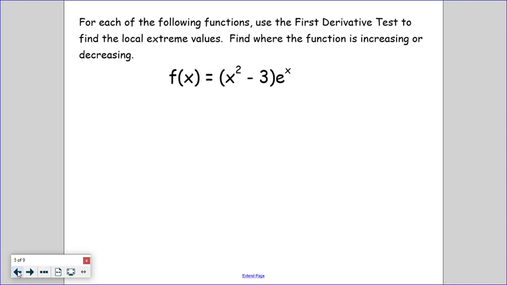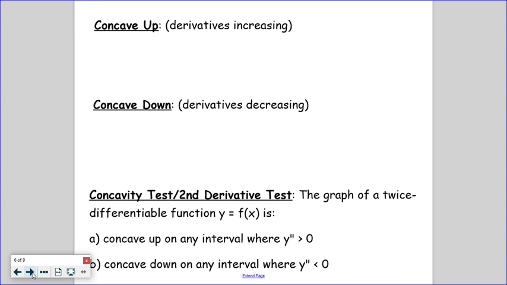I also want to remind you, as you think about setting that equal to 0, if you're ever wondering whether e to the x can equal 0: can e to the x ever equal 0? No, an exponential cannot. Can it be undefined? No. So just keep that in mind as you're doing that. That's why that one is on there. And we might have time to go back to that, but it's the same first derivative test.